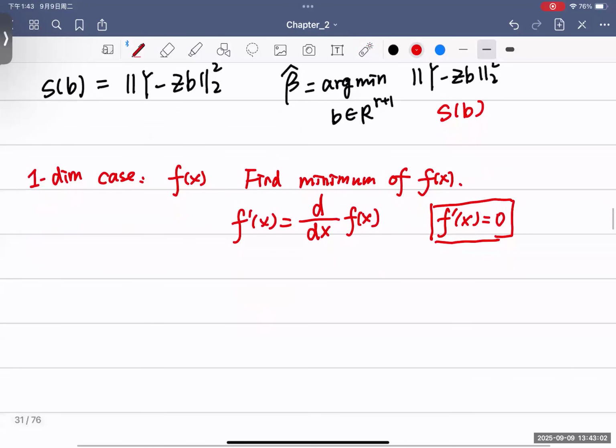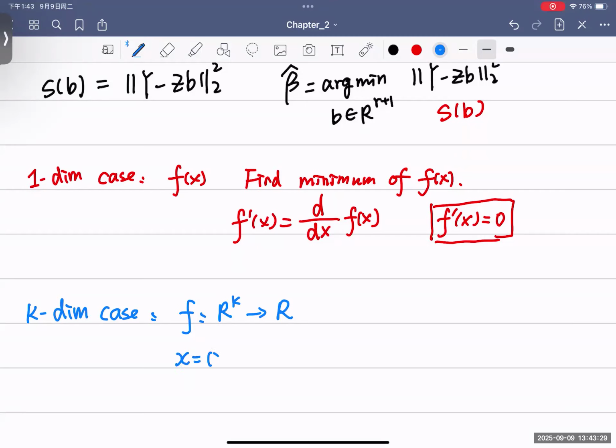And now we go to the multi-dimensional case. For example, consider a k-dimensional case, where f is from R^k to R. It maps a k-dimensional variable x, from x1 to xk, to f(x).